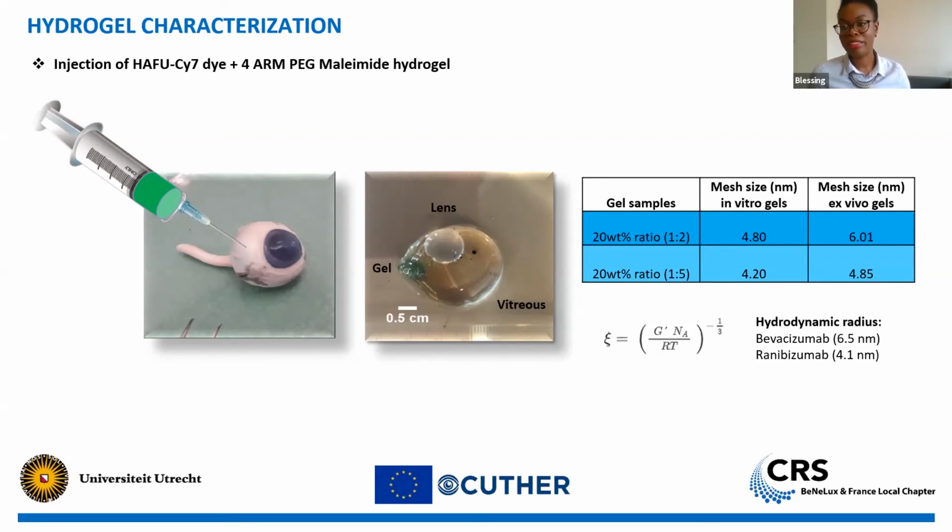For example, we are delivering bevacizumab in the present study that I'm showing you, and the size is around 6. If we compare the mesh size between the gels that are made in vitro and the ones made ex vivo, we see that there is not much difference, and therefore we are within the range. We know that our hydrogel system will release the protein only when the gel swells further and degrades further, so it will be driven by degradation.